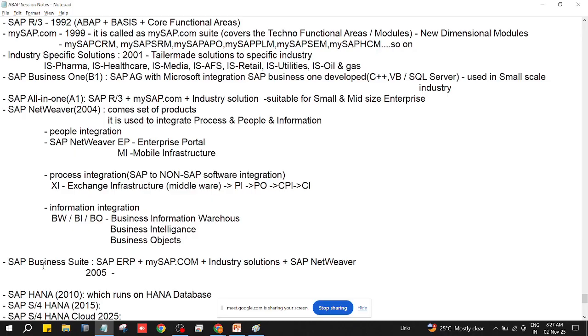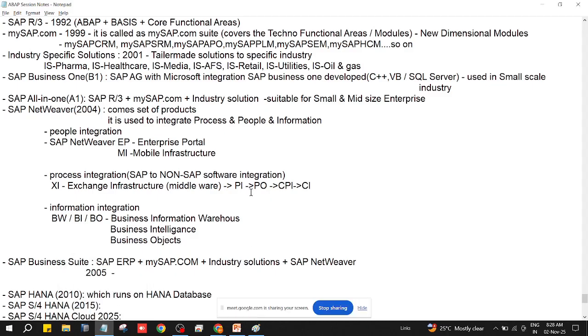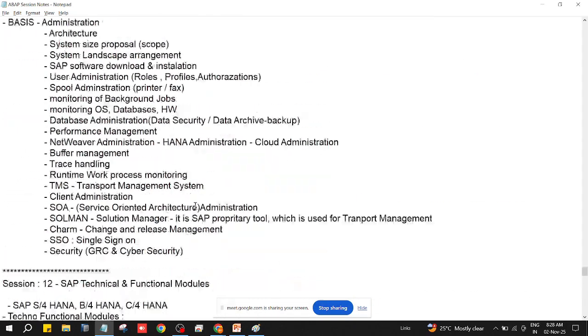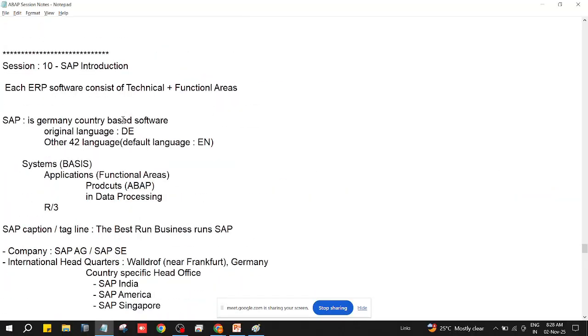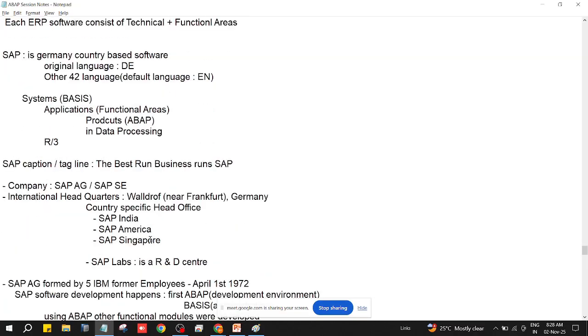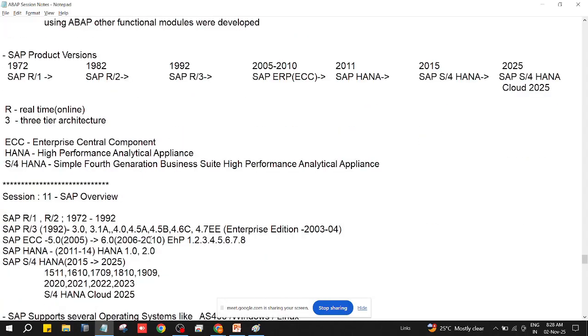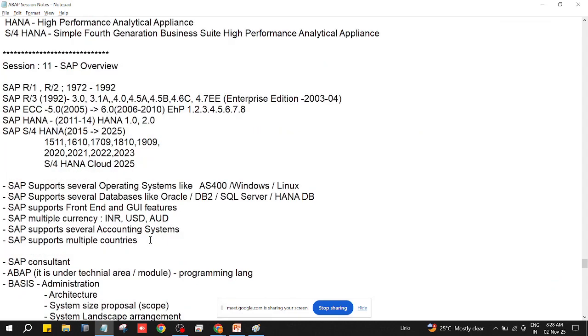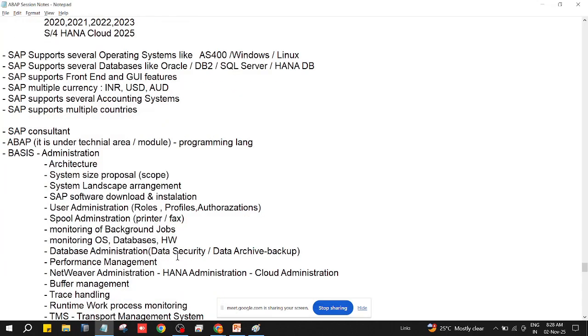Okay, so this is the complete information about SAP. I have almost completed it, because it took very long, so many sessions. Introduction to SAP, the company history, the product versions till date in detail, SAP technical and functional features.